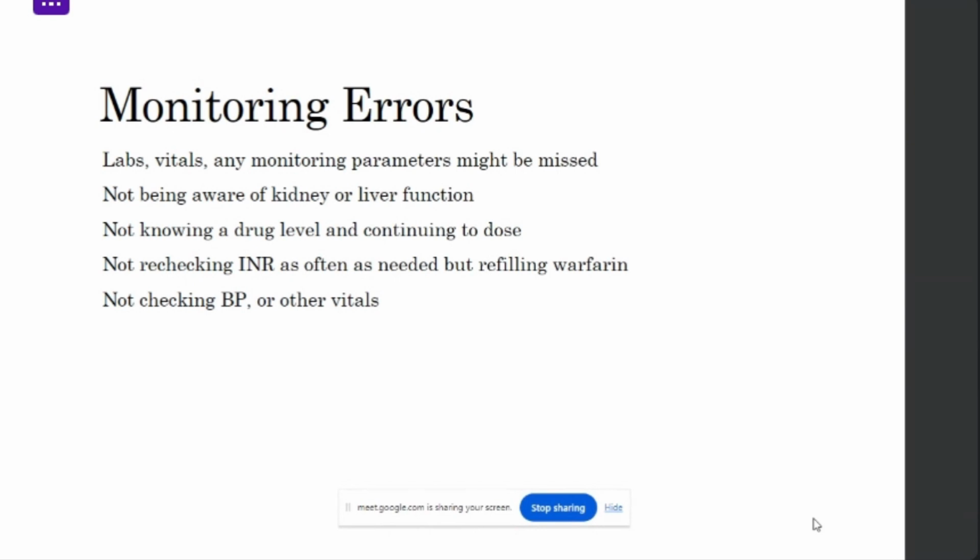So having proper monitoring during the hospital stay or post hospital stay, also monitoring your vitals or the parameters as per the recommendation of the consultant, is very important. If you don't have any comorbidity or any disease, a healthy person should evaluate themselves at least once yearly.